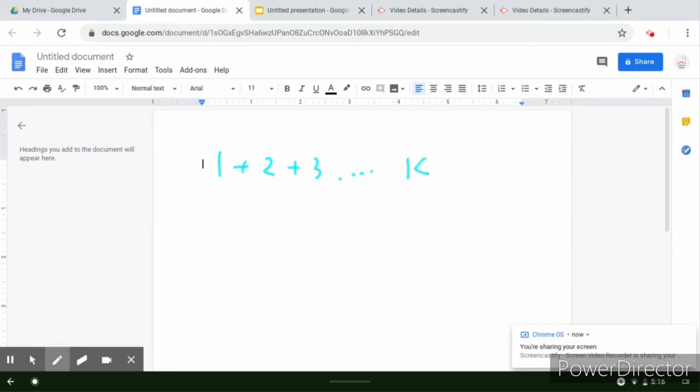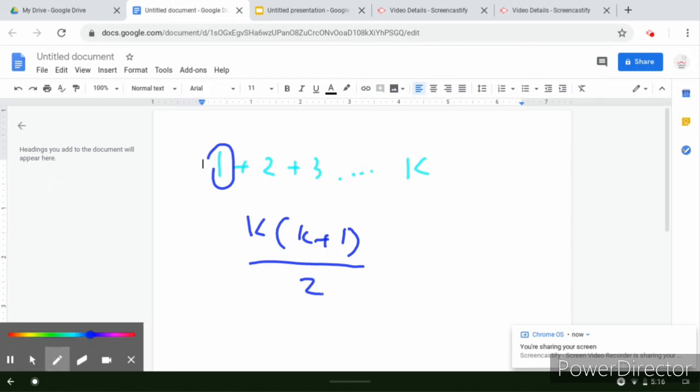Let's just choose 1, the easiest for us. Let's circle 1 here because we're using 1. Remember our statement P, which is k times k plus 1 divided by 2. All we need to do is plug 1 into this equation.